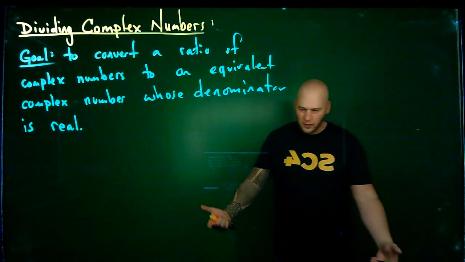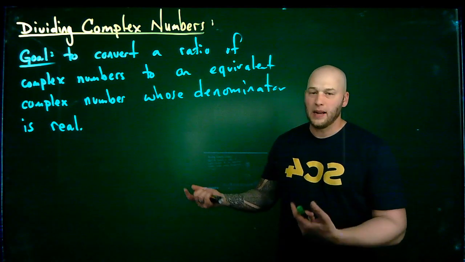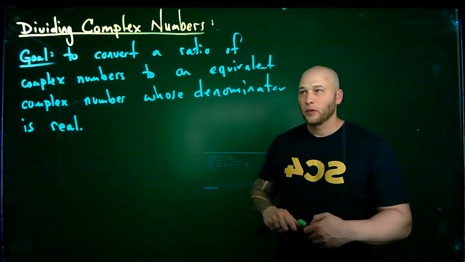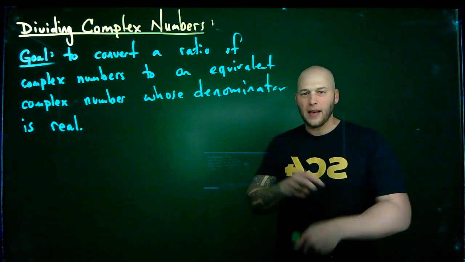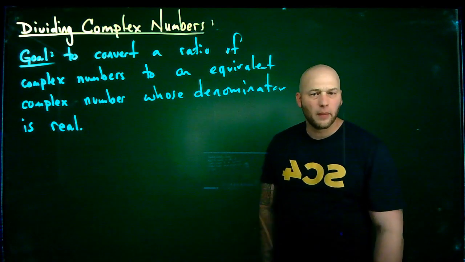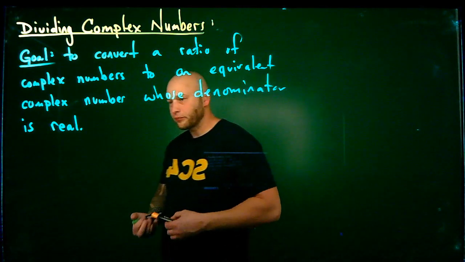So I guess rather than saying rationalizing the denominator, because the denominator might not end up rational, let's say I'm going to realize the denominator or something like that. I don't know, I just made that term up. But essentially I need to make the denominator real. Let's see how we do that.